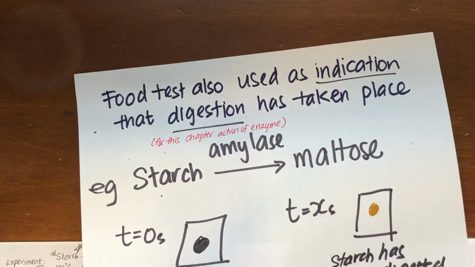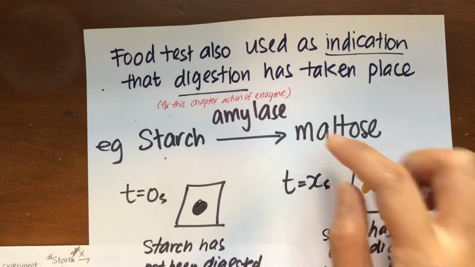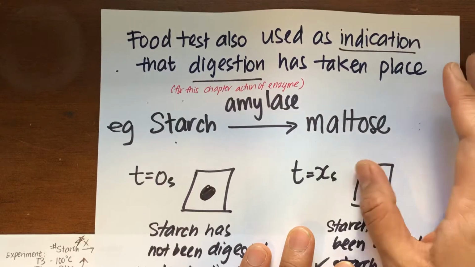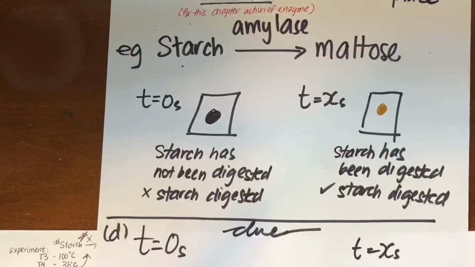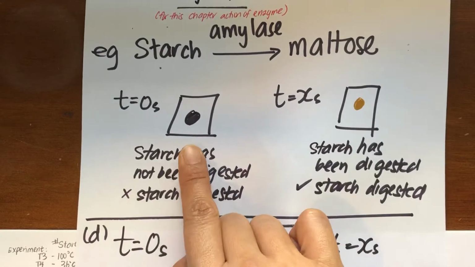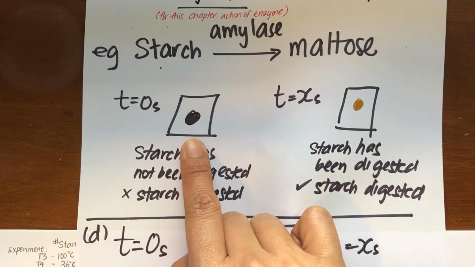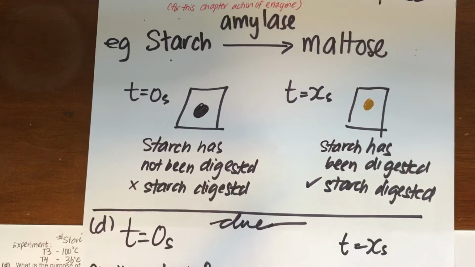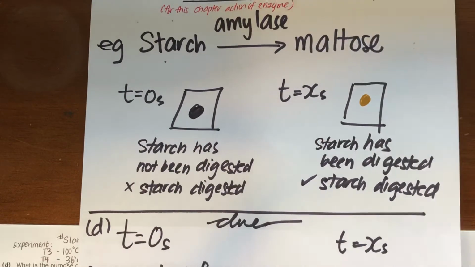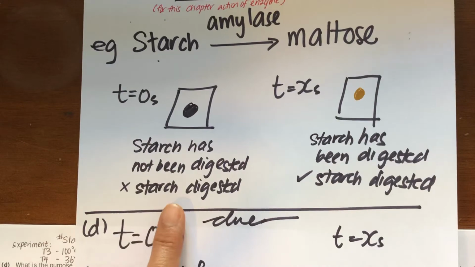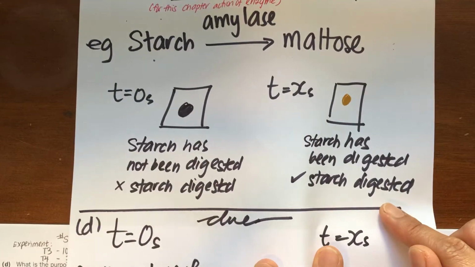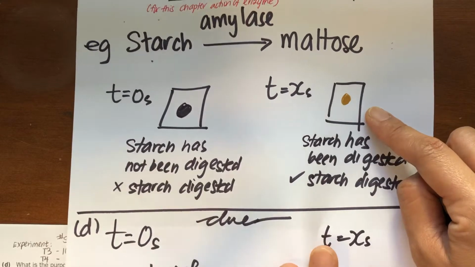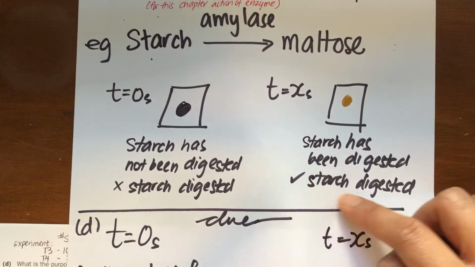So this is another experiment to show that food test is used as an indication that digestion, in this case enzyme action, has taken place. So at the start, when there is starch, that's because starch has not been digested. Whereas at the end of the time that it becomes yellow, it means starch has been digested.